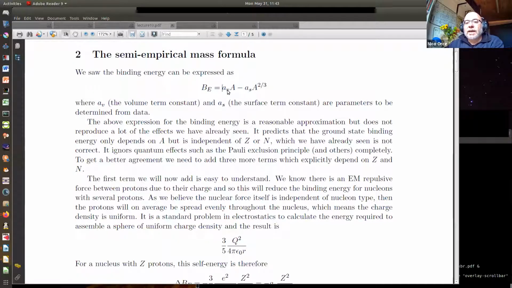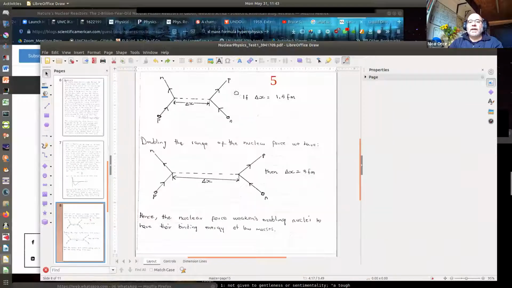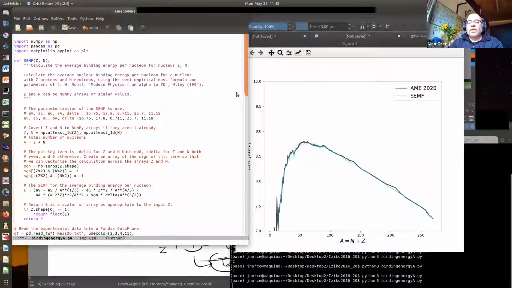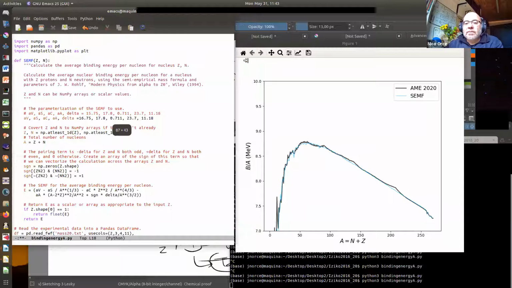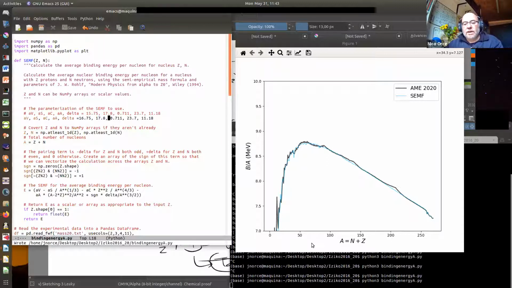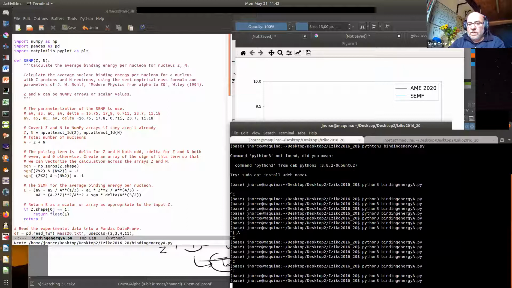If we increase this, we increase B over A, our binding energy per nucleon. So if we increase this volume term from 15.75, which matches the binding energy curve nicely, Control X, Control S, we close this one and see what happens now.